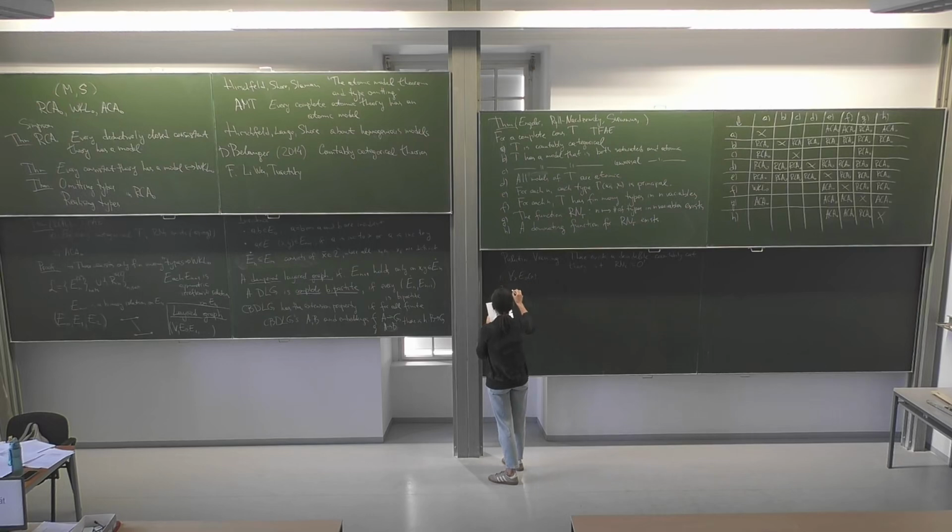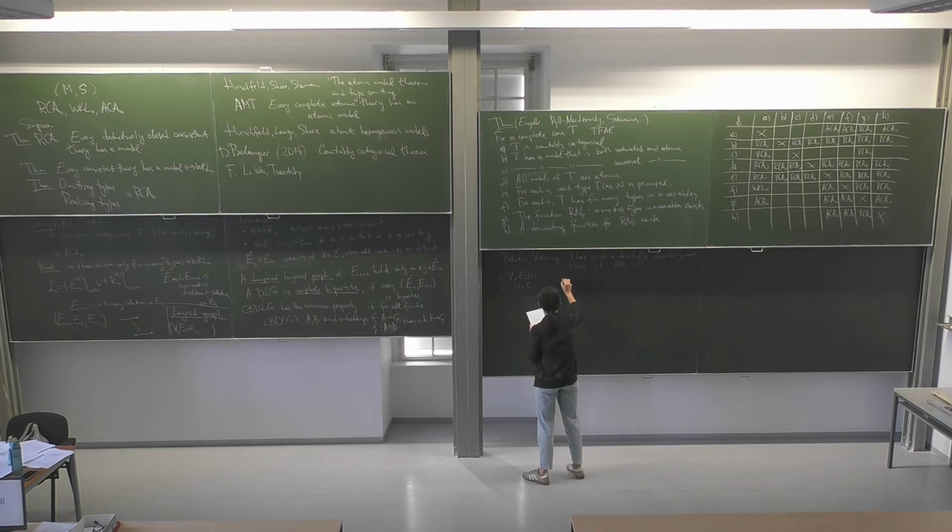Obviously, all those E_0, E_1, and so on form a complete bipartite graph with the extension property.